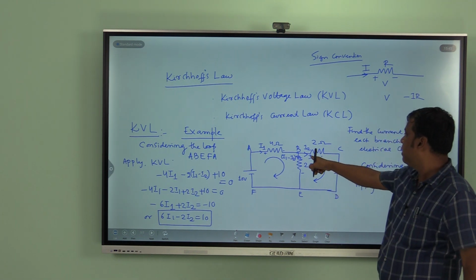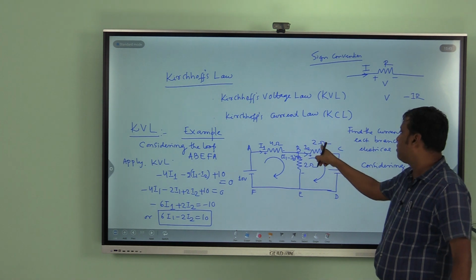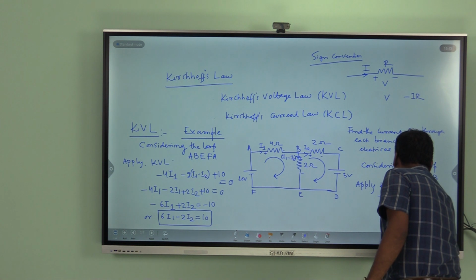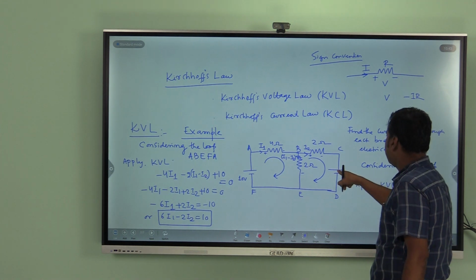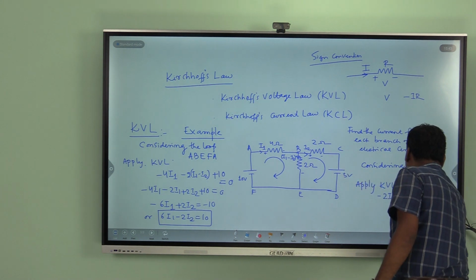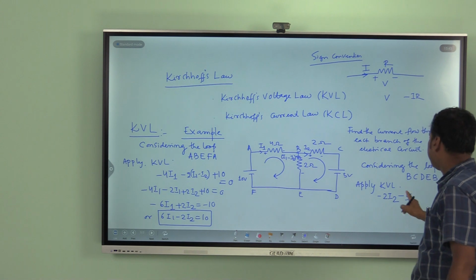B to C, again plus to minus is minus, current is how much? I2 and the resistance is 2, so 2 I2, plus to minus is minus, minus 2 I2. Then here there is a source potential or battery, plus to minus is minus. If there is a voltage, keep it as it is, that is minus 5.